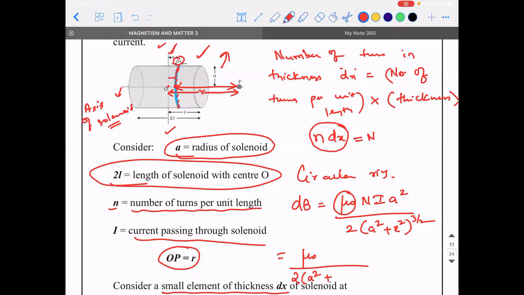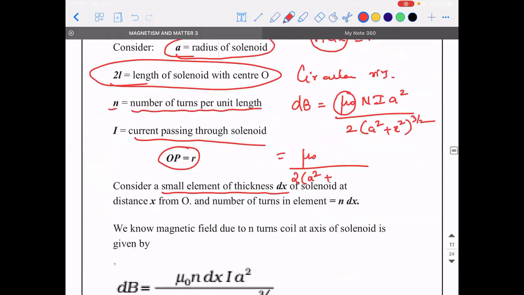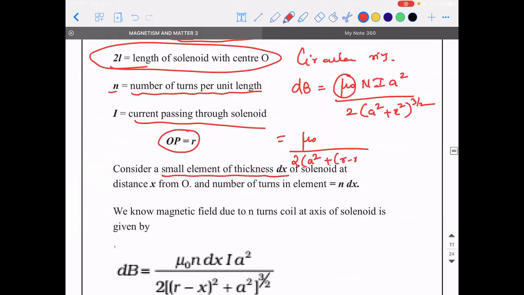From R, something is gone. What is it? Yes, it is R minus x. A square plus R minus x the whole square, the whole power 3 by 2.